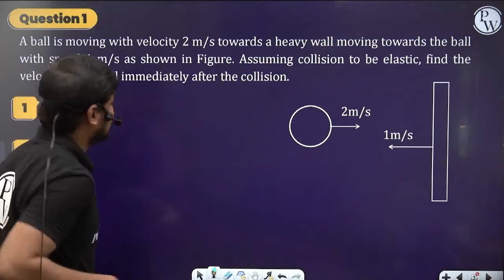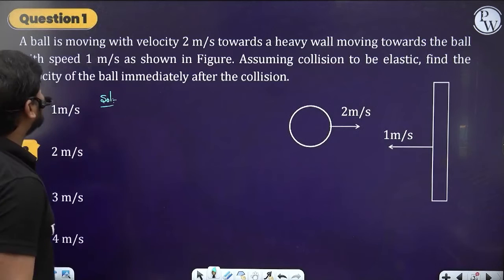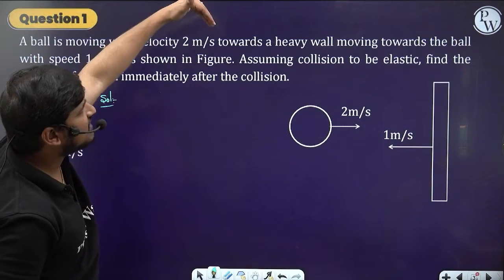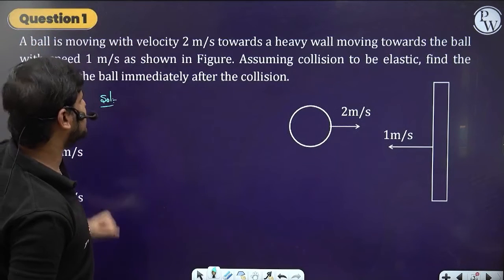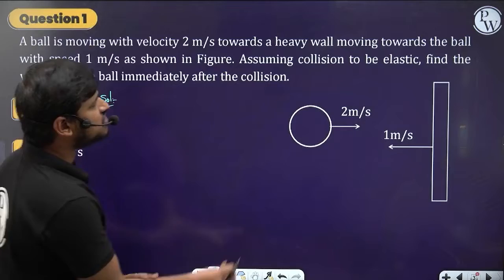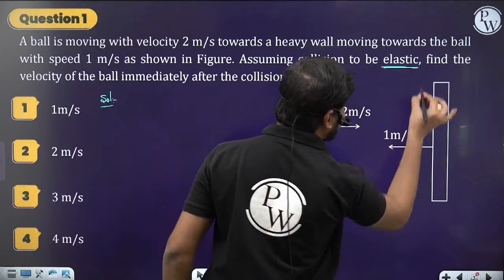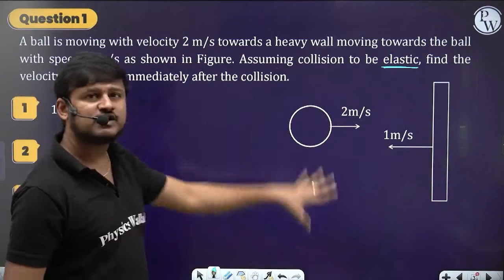Let's see the first question: a ball is moving with velocity 2 meters per second towards a heavy wall moving towards the ball with speed 1 meter per second, as shown in the figure. Assuming the collision to be elastic, find the velocity of the ball immediately after the collision.